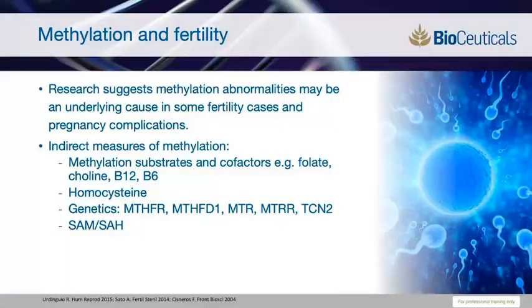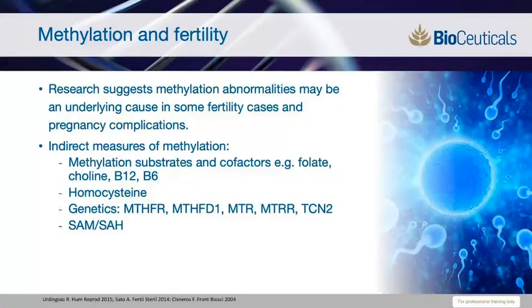So moving on to fertility. I've talked about epigenetics, the effect that this can have in utero and adult onset diseases. We know that methylation abnormalities may also be an underlying cause for some fertility cases and pregnancy complications. When we look at the research, often what people are testing is actually methylation, these methyl groups sitting on the DNA, or they're looking at changes in gene expression.